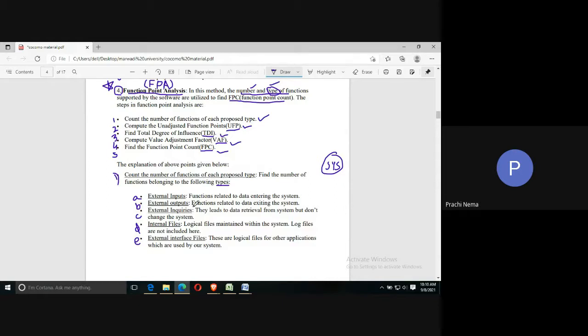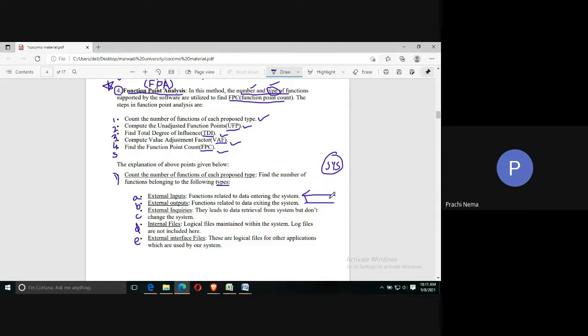What do you mean by the category external input? Which functions can be included here? All the functions related to data entering the system from external to internal. All the data which is entering the system will be external input. Opposite to that is external output.